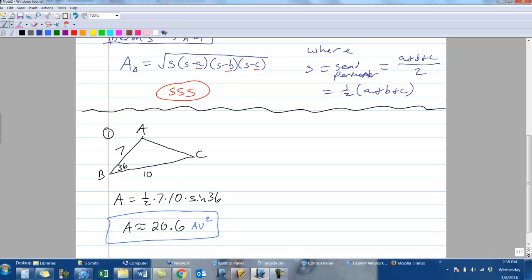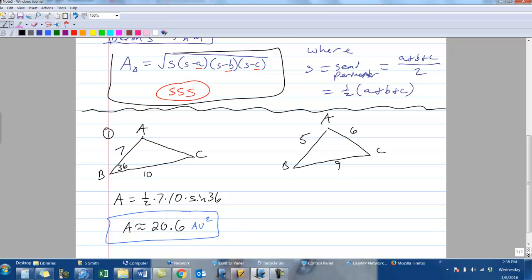All right, and then our last example is going to be an SSS triangle. I'm going to call this ABC again. The sides are 5, 6, and 9. Now, since it's SSS, we're going to use our boy Hero's formula here. And the first thing we might want to find is the semi-perimeter, or S, because there's a bunch of S's inside of there.